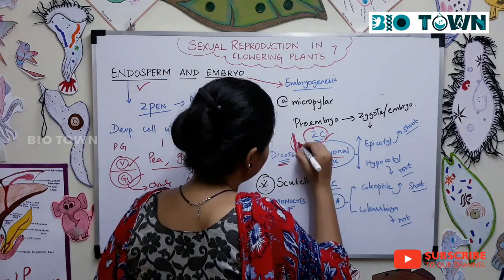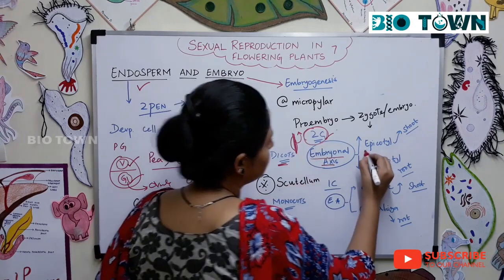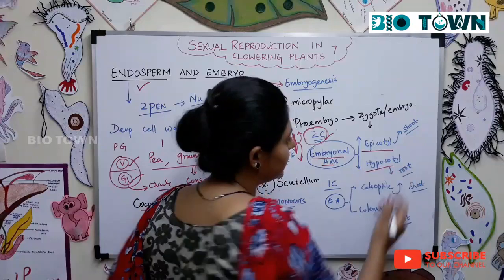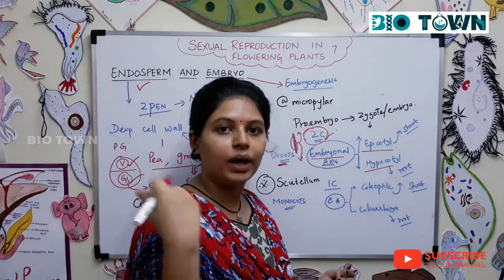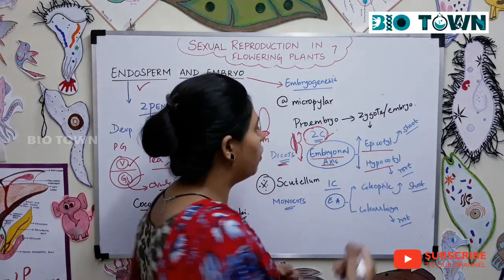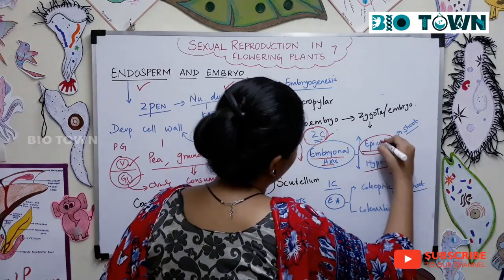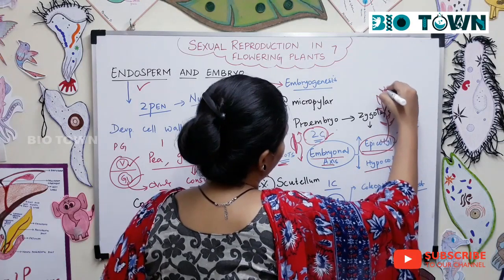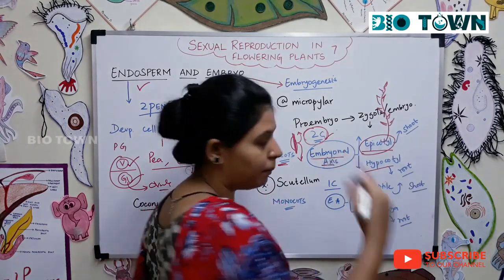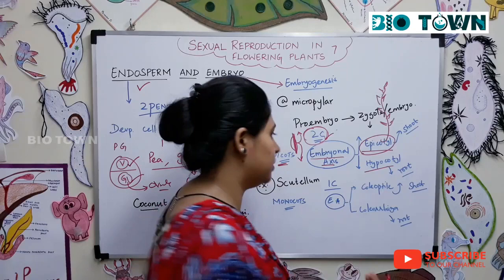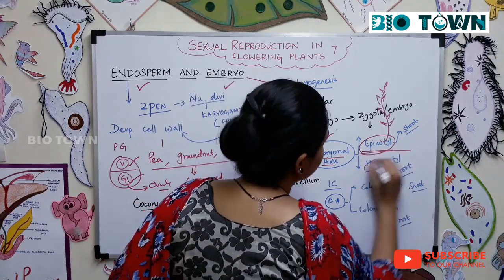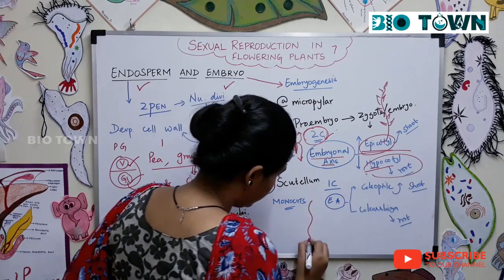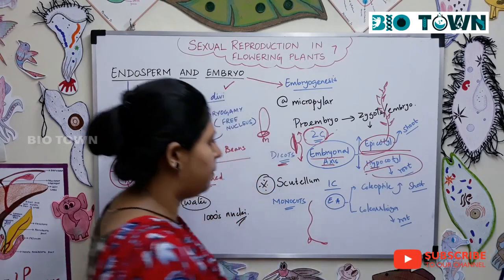The region above the embryonal axis is the epicotyl, and the region below is the hypocotyl. Above, epi; below, hypocotyl. This epicotyl will develop into the shoot system, leaf, flower, stem and everything above the soil, and everything below the soil is your root system. That is developed from the hypocotyl, along with the root cap, right?